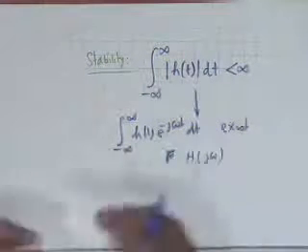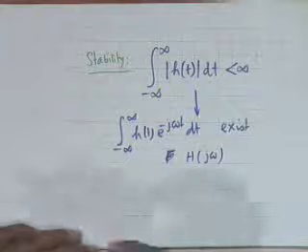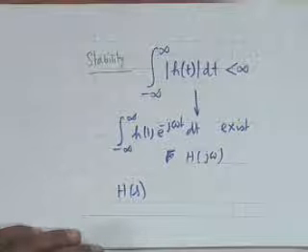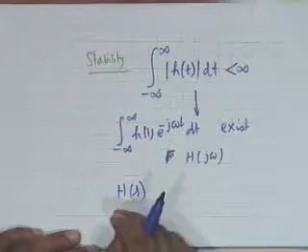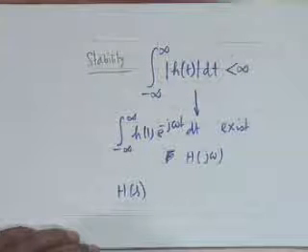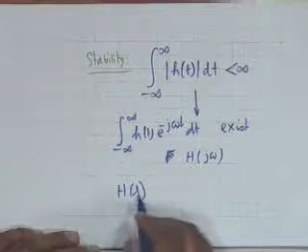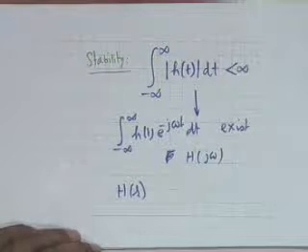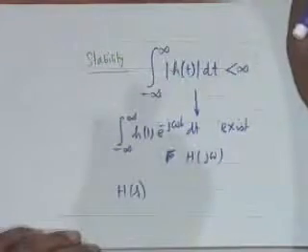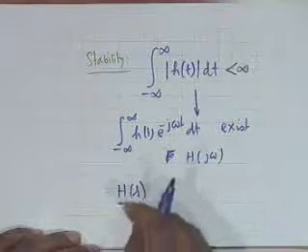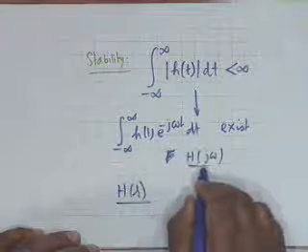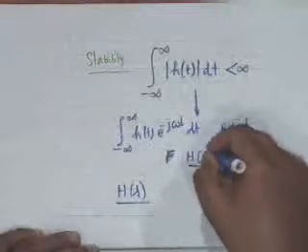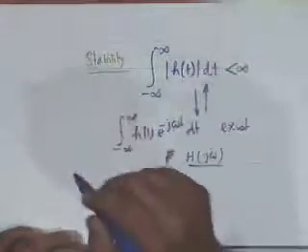Now I turn it the other way around. Suppose we are able to find out H of S, and its region of convergence is known from the nature of h of t, and the region of convergence includes the j omega axis. What does it mean? H of S region of convergence includes the j omega axis, and therefore the Fourier transform exists. If the Fourier transform exists, then h of t must be absolutely integrable.